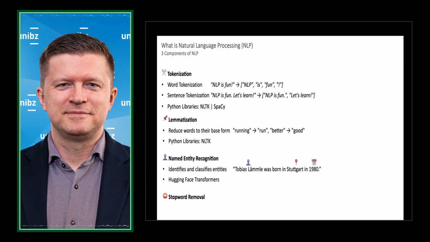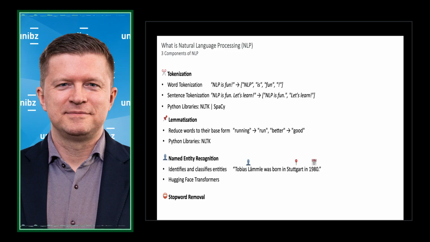And then, what else? We have stop word removal. I guess you know what stop words are, the things you probably shouldn't do in presentations. Stop words are common words, for example, like "and", "is", that do not add significant meaning to the text, which we all experience when someone is doing this a lot, I guess.